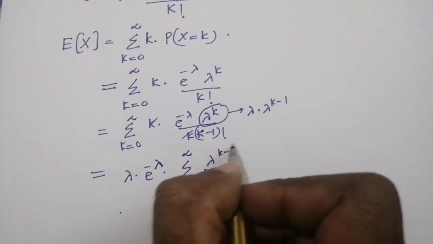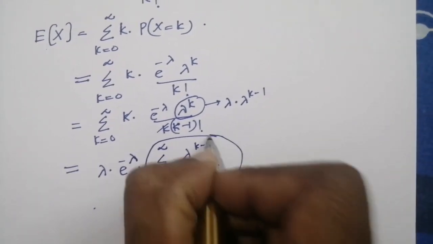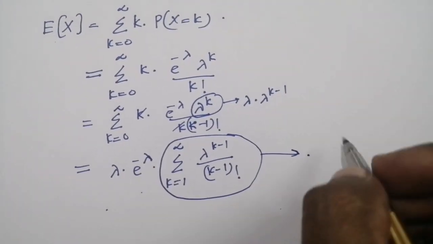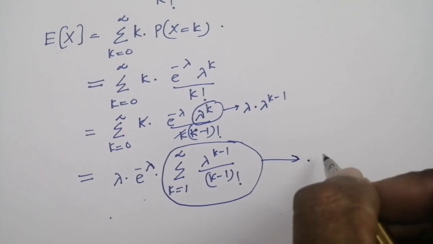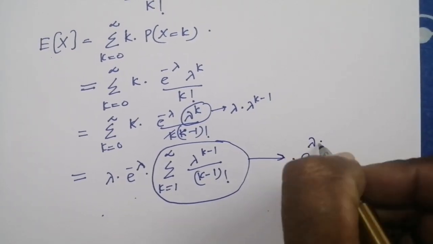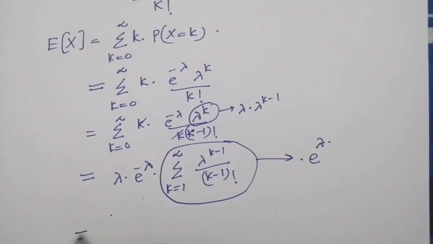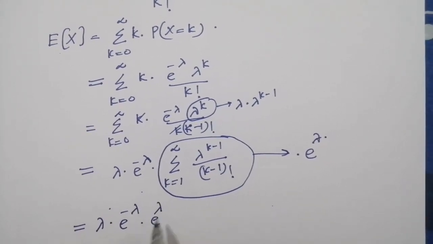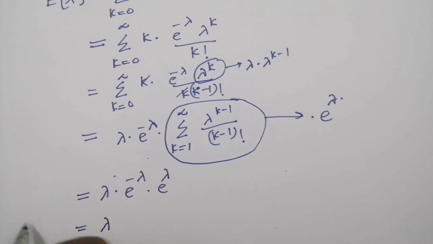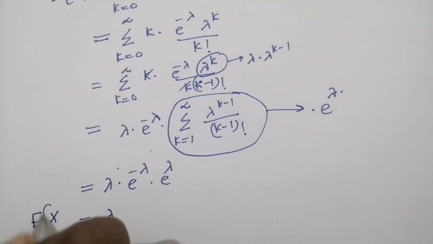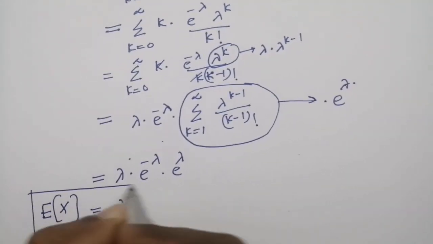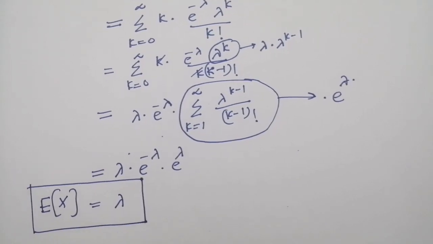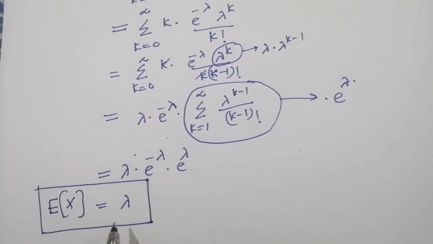Now what is this? This is the definition for e raised to lambda. So this can be written as lambda into e raised to minus lambda, e raised to lambda, which is lambda. So the expectation of X for a Poisson random variable, or the mean value of a Poisson random variable, is lambda.